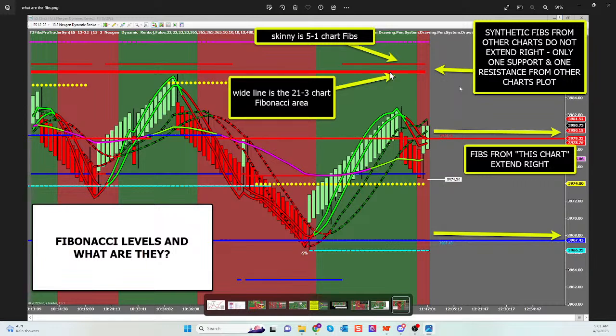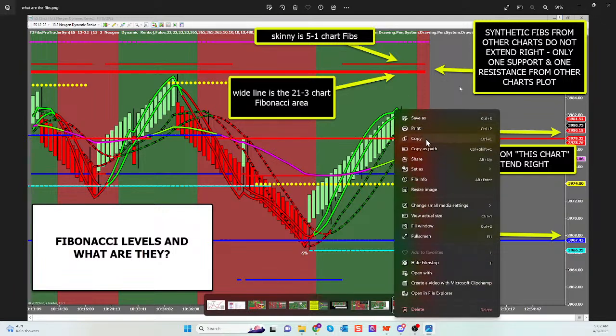This is great if you're holding for those larger time frame targets without having to stare at the 21 and knowing where these areas are. And then the skinny ones are from the 5.1. The reality is that I use all of these. I'm looking at all of them when I'm doing things. Let me give you the picture.